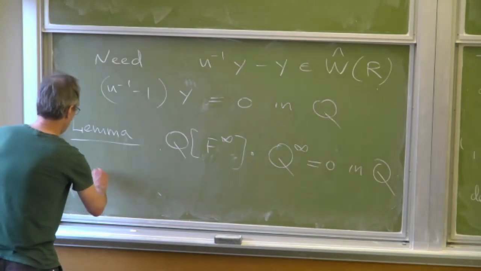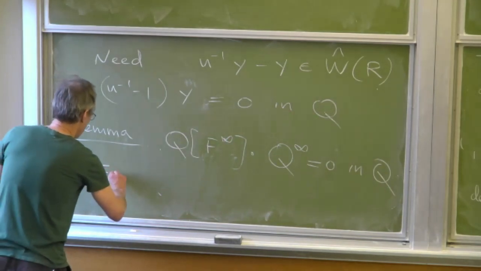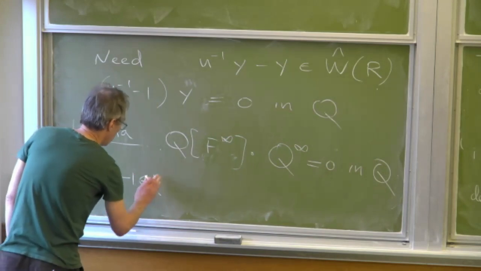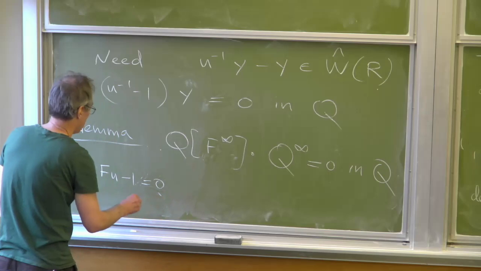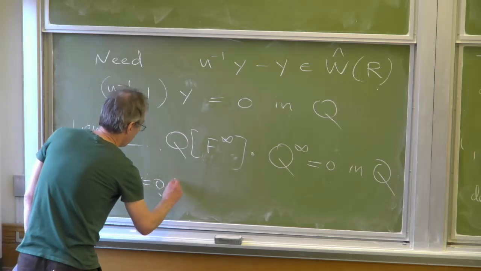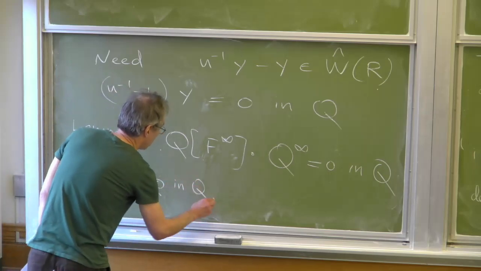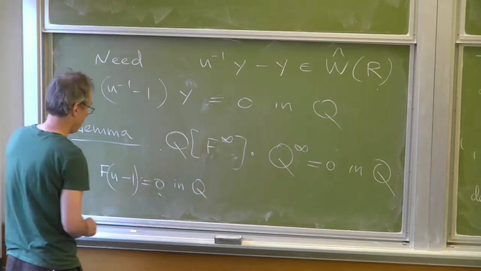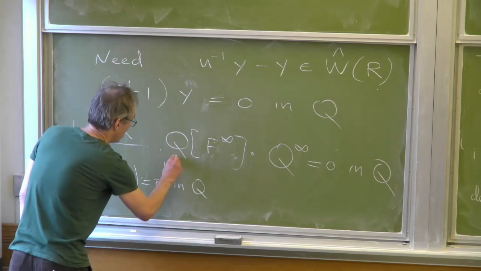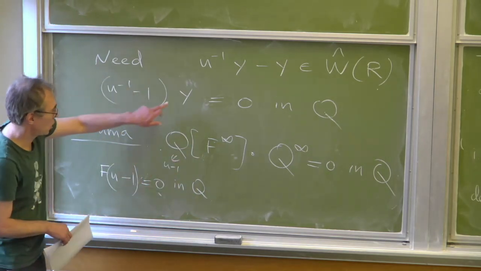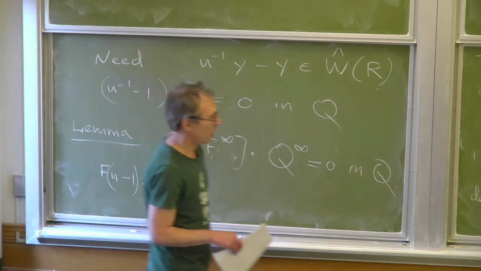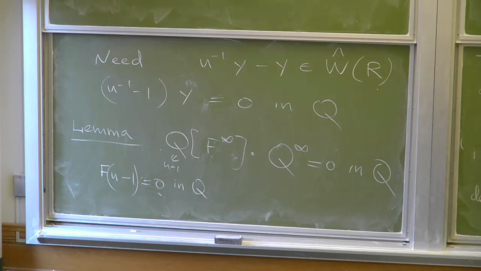So F of U minus 1 is in W hat, well, is 0. That means that U minus 1 is, that's good. So let's check that Y is here. But okay, so what is Y? Y satisfies this property.